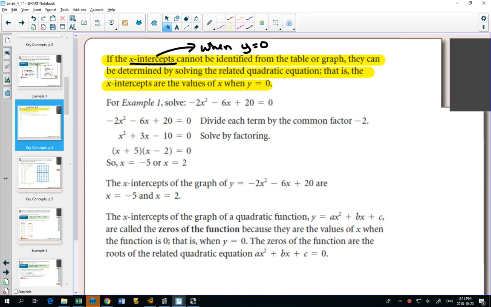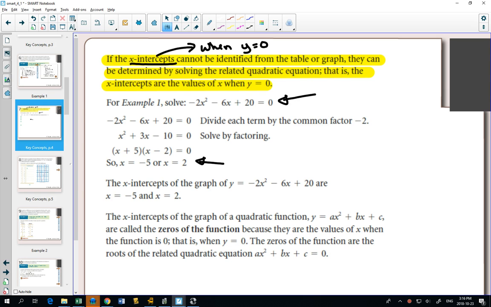If you do that with the equation that we just did, you would get negative 2x squared minus 6x plus 20 equals 0. Is that the one we did? No, this is a new one. That was the one that they did in example 1. But if you set that equal to 0 and solve it by factoring or the quadratic equation or by completing the square, the answers that you get will be your x-intercepts on your graph.